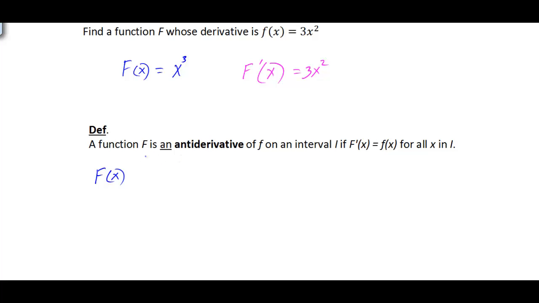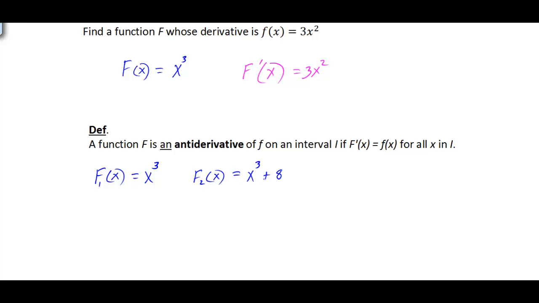And let's look at this again closely. This says this is an antiderivative. If we go back to the problem above, and I'm just going to call this F sub 1, we said the antiderivative was x cubed, because if we take the derivative, we would get 3x squared. Now, if I gave you another function, F sub 2 of x, and what if I said the antiderivative was x cubed plus 8?